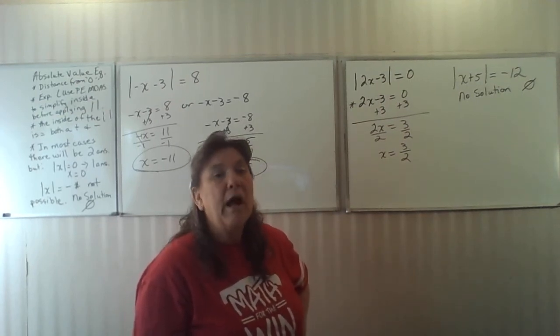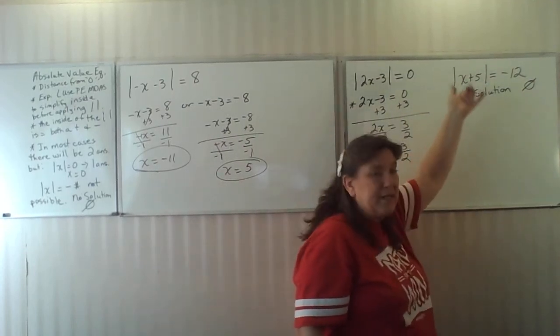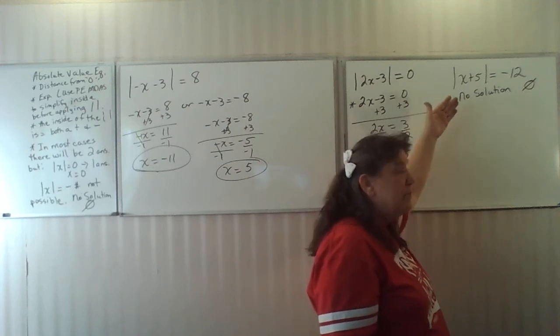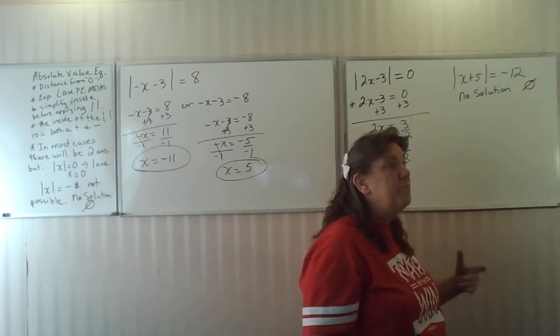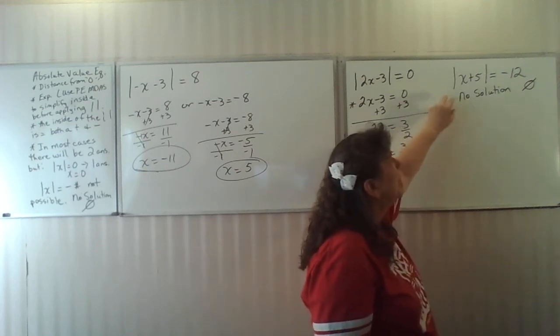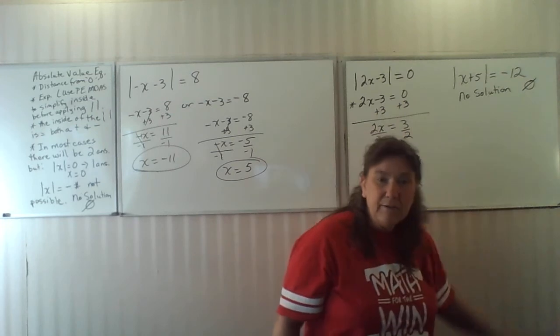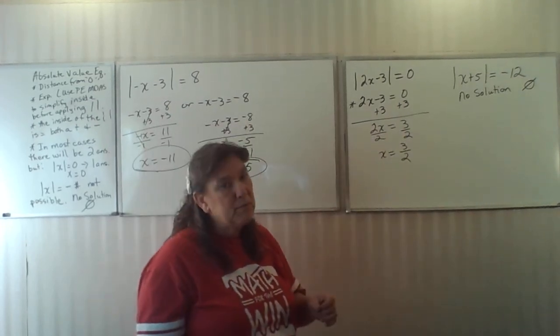And therefore, I have no solution, because even if I go on and try to solve it and then put those numbers in to check it, it's not going to work out. It's going to give me no answer. So it's really important that when you have it equal to a negative number, you recognize that it is not possible to do that.